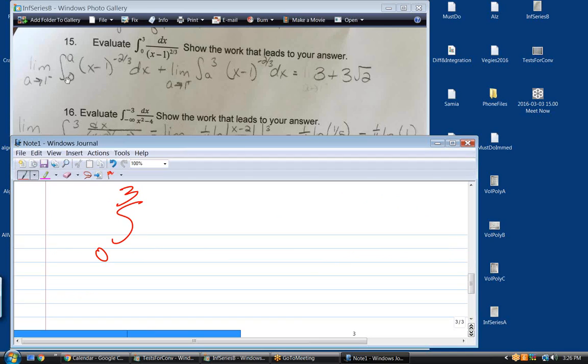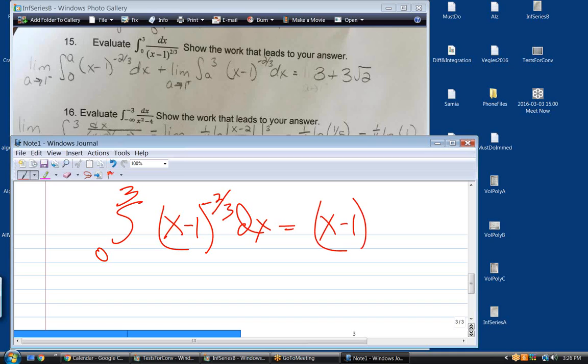She split it into two because at 1, I see that now, the denominator would be 0, so that's not in the domain.